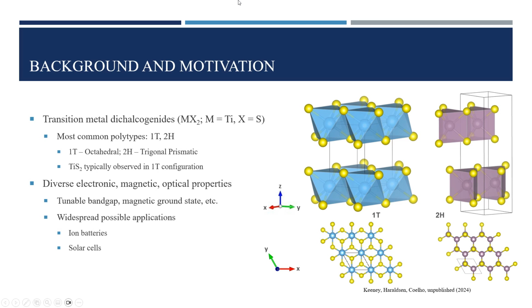And in the case of titanium disulfide, it was the first electrode for lithium-ion batteries, and the possible applications of thin film titanium disulfide extend into ion batteries, surprise, surprise, solar cells, spintronic devices, and many others as well.